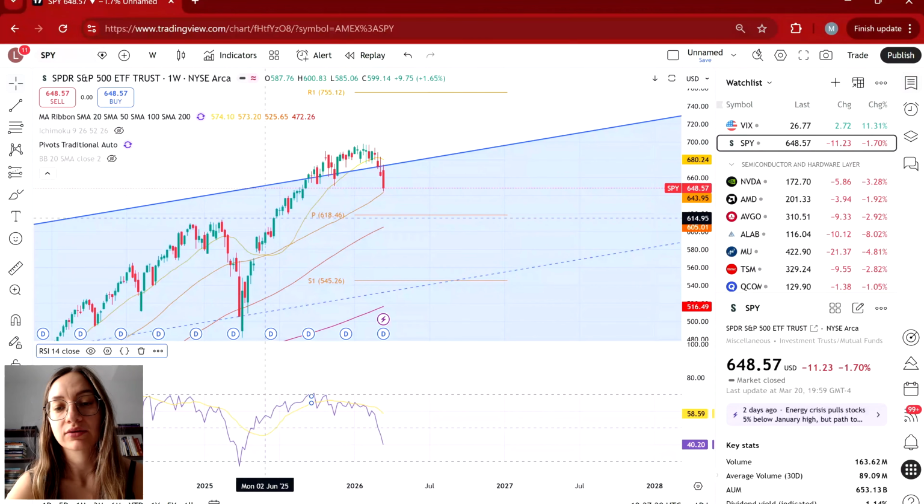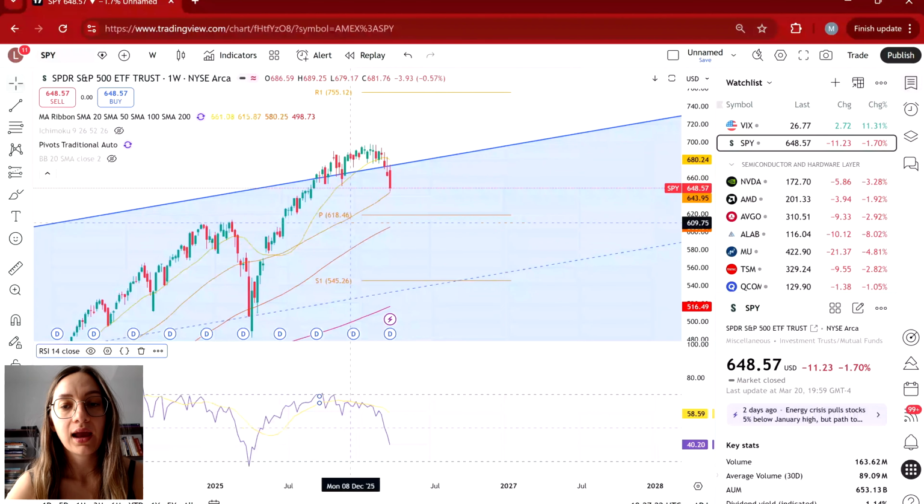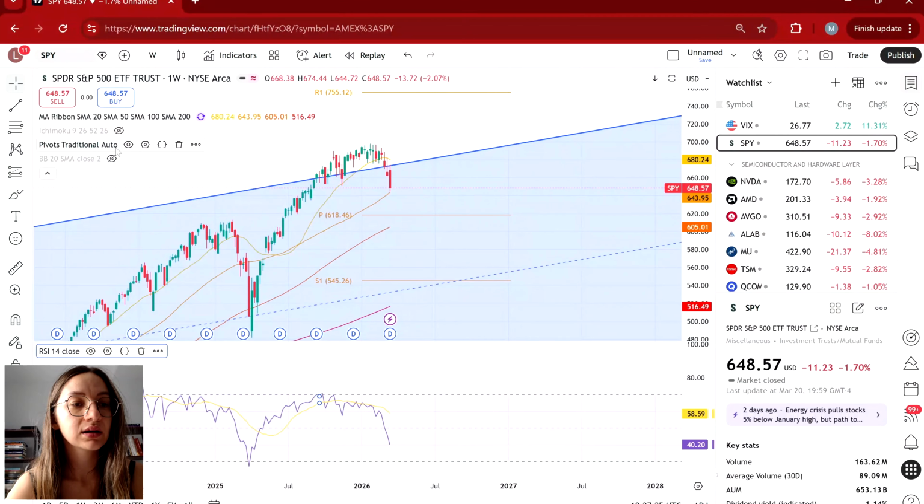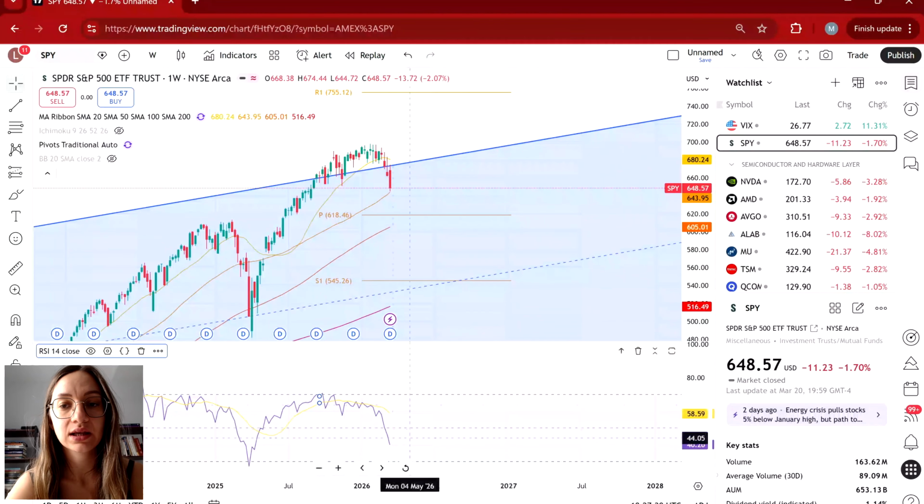from early 2025. And now when we look at RSI, it is right now sitting at 48.2. It has been resetting.